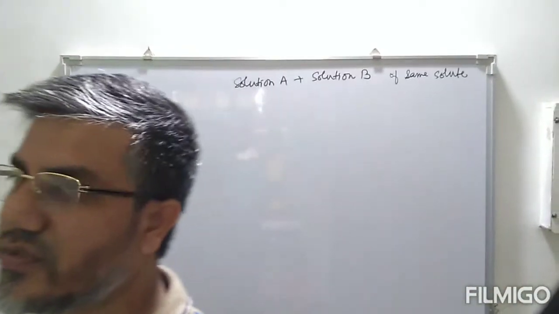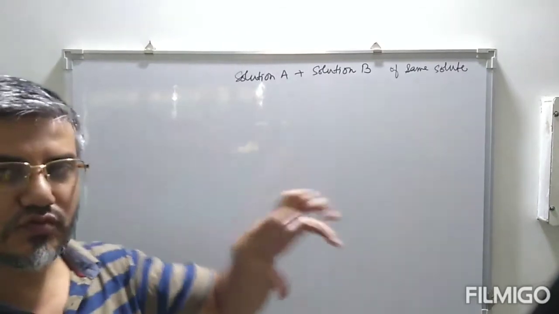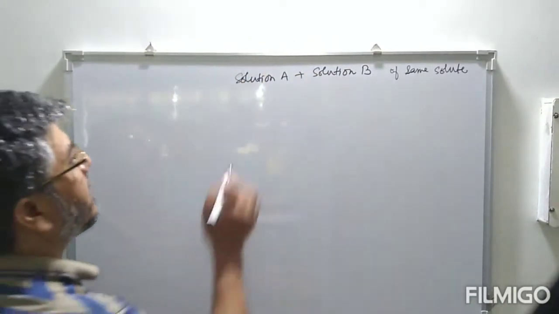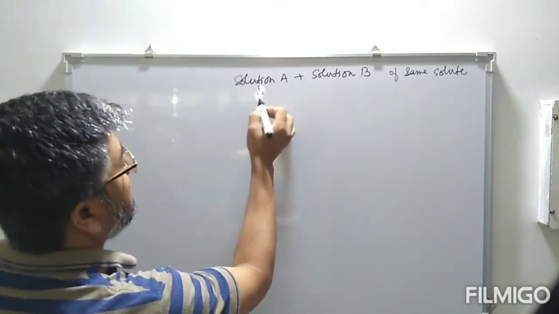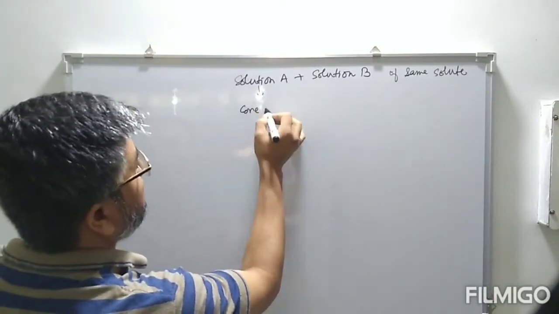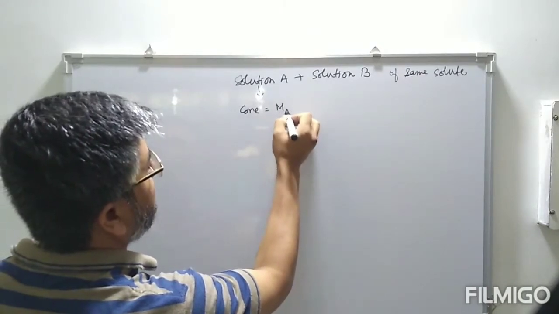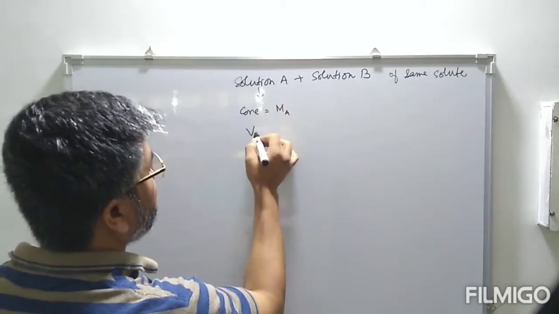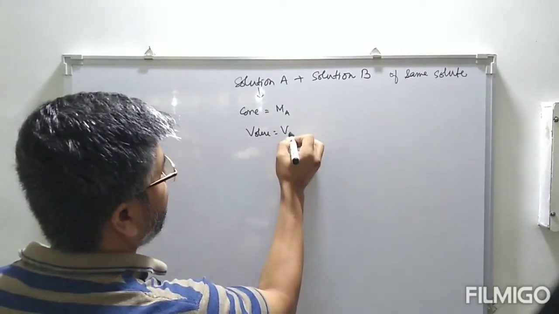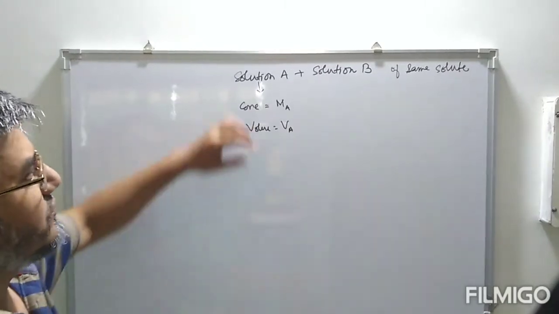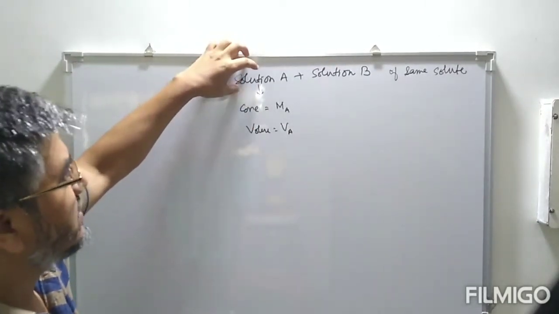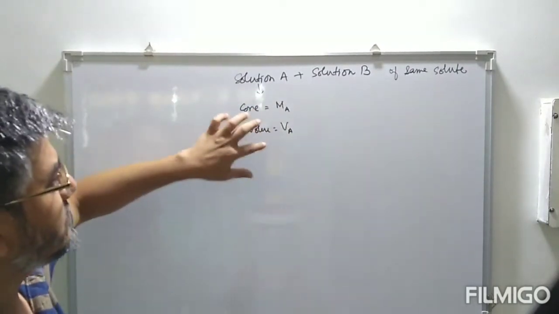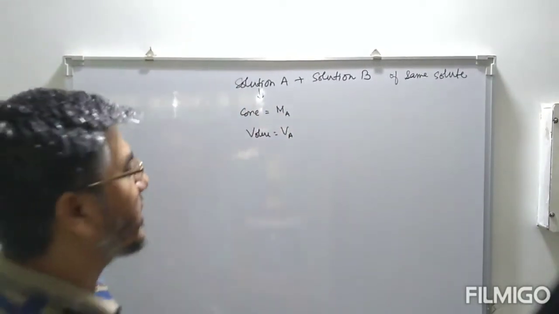We have the same solute and these are two different solutions, solution A and solution B. Now solution A concentration is MA, volume taken is VA. That means we have a solution A whose concentration is MA molarity, volume taken is VA liter or ml.